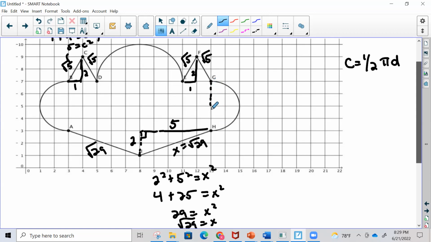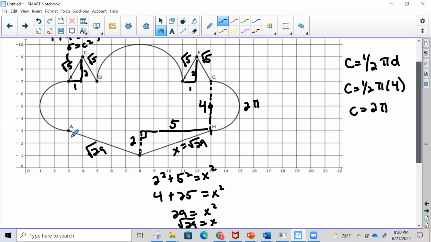So from G to H is my diameter, because the other half of the circle would be here, and this would be the center of it. And that distance is 4 if you count it. And so the circumference would be 1/2 pi times 4. And then when you do this, you can just multiply the 1/2 by the 4, which is 2, and leave it as 2 pi. So this distance from G to H is 2 pi.